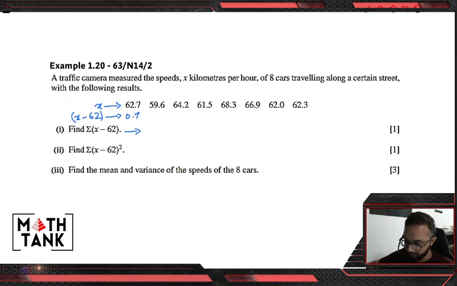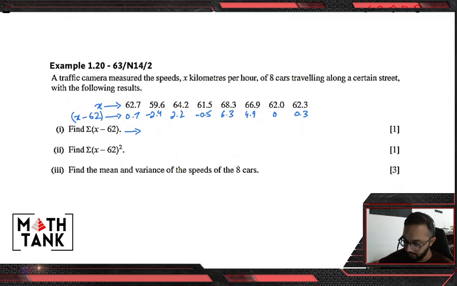That leaves me with minus 2.4. 59.6 minus 62, yeah, that should be minus 2.4. That leaves me with 2.2. That leaves me with minus 0.5. So I'm subtracting 62 from each of these values: 6.3, 4.9, 0, and 0.3. So those are the adjusted values.